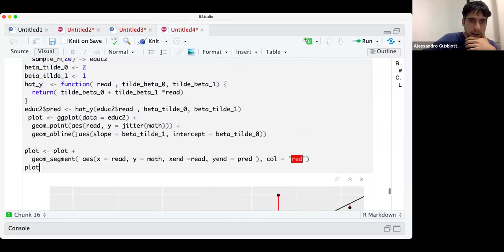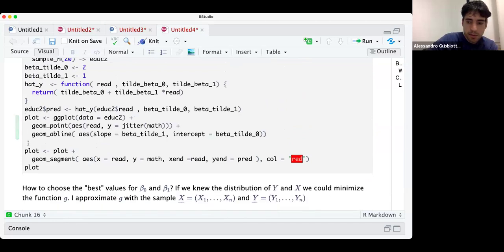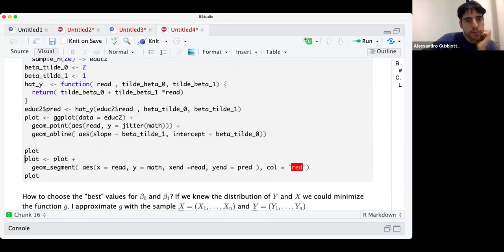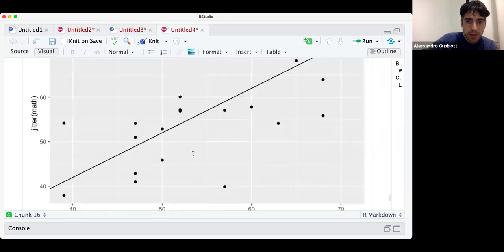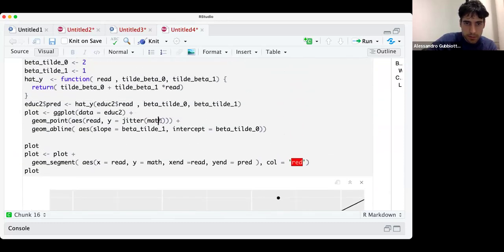I don't know why. Here the jitter part worked a little bit. No, okay, it didn't work. Well, it's not really important.